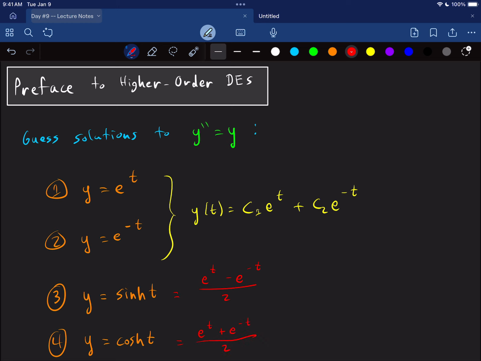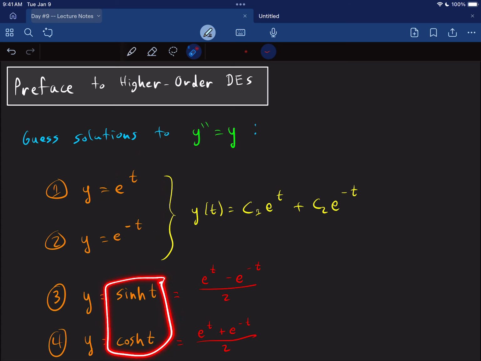And so while it might look like I have four answers, it's actually that I really have two, but I could just combine these two in other ways that clean it up and make it look like new answers. I could take a linear combination of these two, and get new solutions. And we have done this a lot.